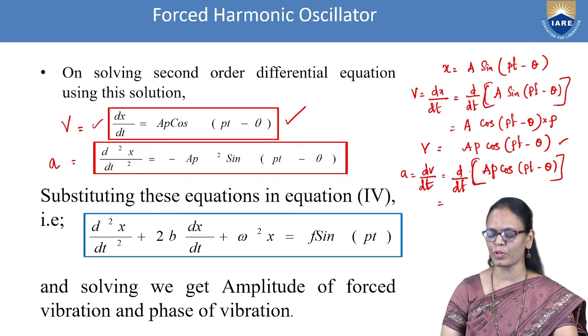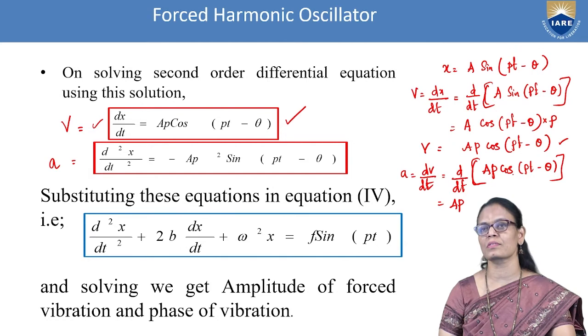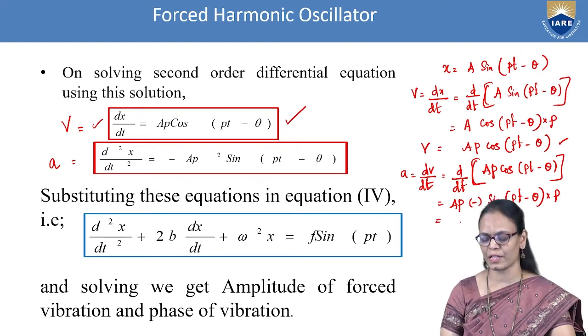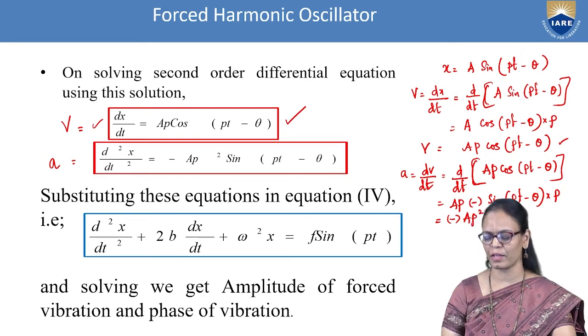So again we will put the constants outside. ap, derivative of cos, d by dt of cos pt minus theta is minus sine pt minus theta, and for pt we get p. So we can rearrange the terms and we'll write the minus first, and ap into p will be ap square sine pt minus theta.